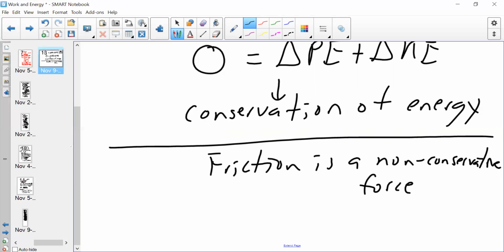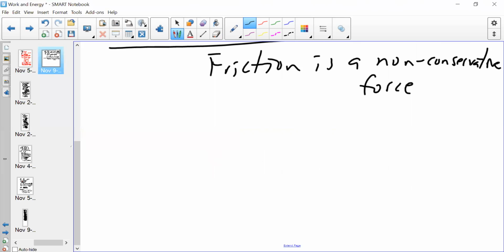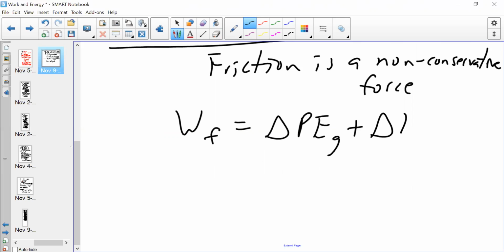Your standard physics books will always ignore friction because it's out of context. In AP, we need it and talk about it. So the energy equation takes a different form. The work done by friction is going to be equal to the change in gravitational potential and kinetic. So this work is not zero.